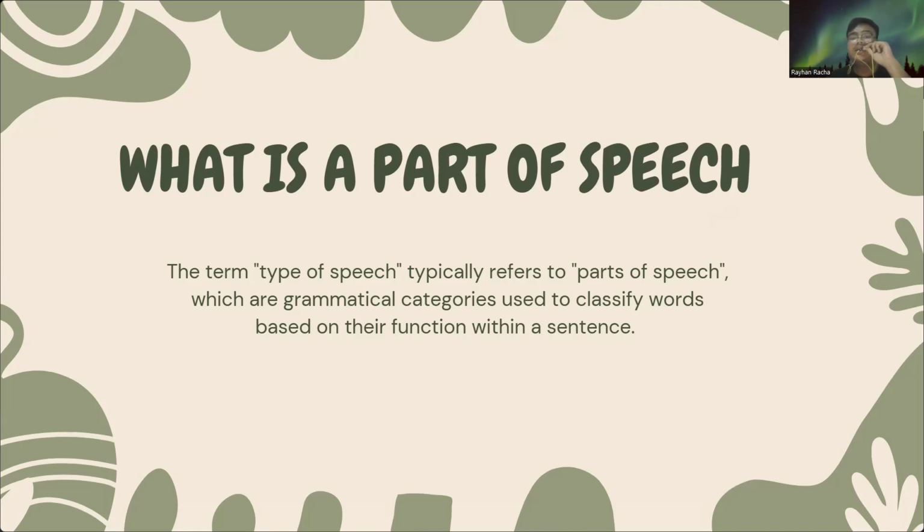So basically, a part of speech explains the word and classifies it based on its function inside of a sentence. Next we are going to move along with the types of part of speech.